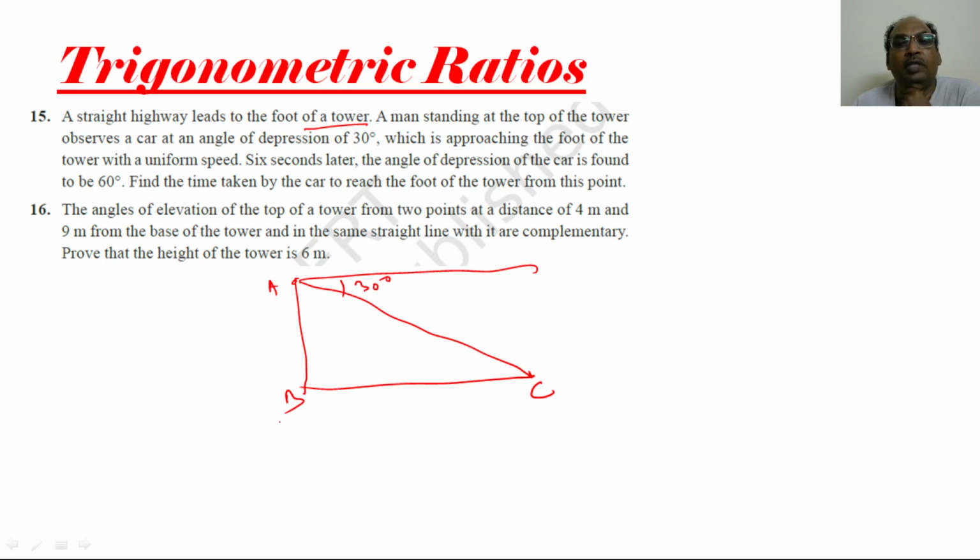which is approaching the foot of the tower with a uniform speed. 6 seconds later, the angle of depression of the car is found to be 60 degree. So this one will become 60 degree, and this one will become 30 degree. 6 seconds later, that we need to remember.